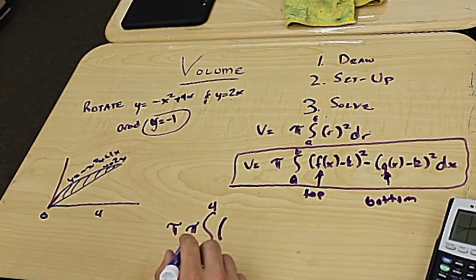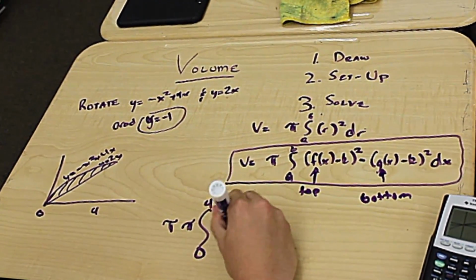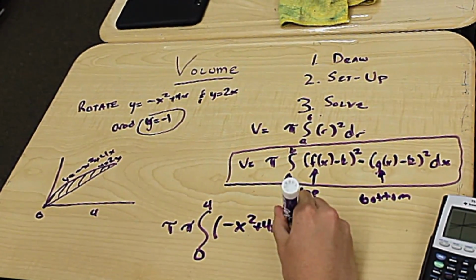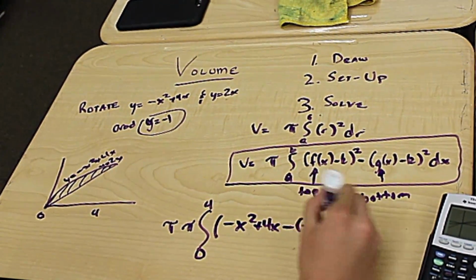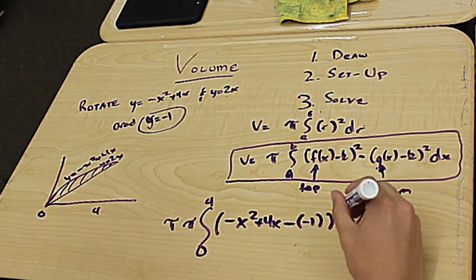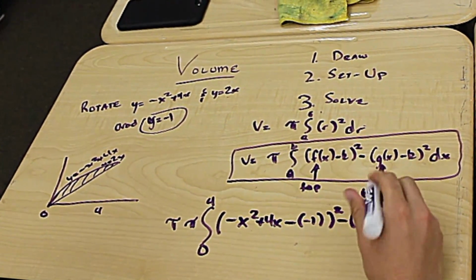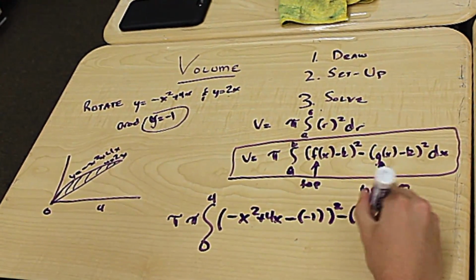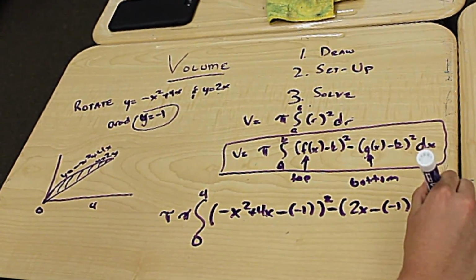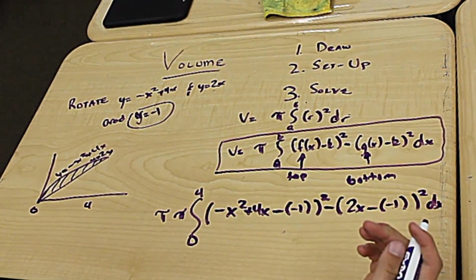And then you know that your f of x function is negative x squared plus 4x minus negative 1 squared, okay? And then you're gonna have your g of x function, which is 2x minus negative 1 squared dx. Okay, that's what it's gonna look like.